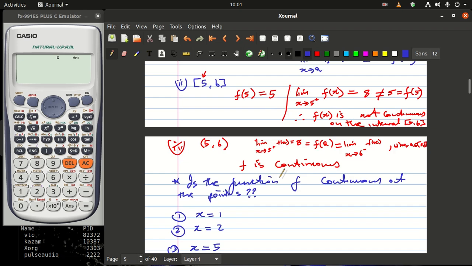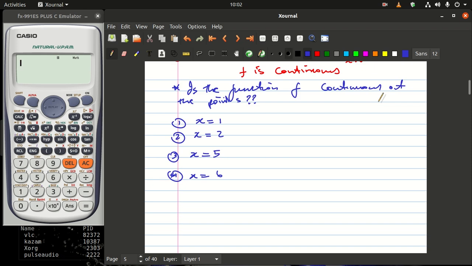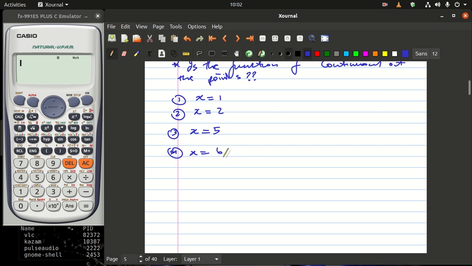I have x is equal to 6. If you look at x is equal to 6 here, there is a hole here, which means the function is not defined at that point because there is no shaded region there. So for this one, I can simply say that f of 6 is not defined.